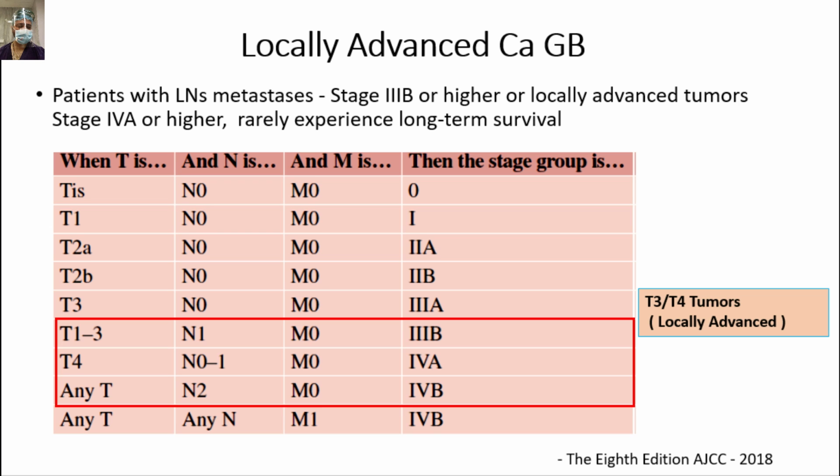Just remember this combination, and you will be able to answer many questions in your super specialty examination. Patients with lymph node metastasis, that is stage 3B or higher, are locally advanced tumors, and stage 4A or higher rarely experience long-term survival.